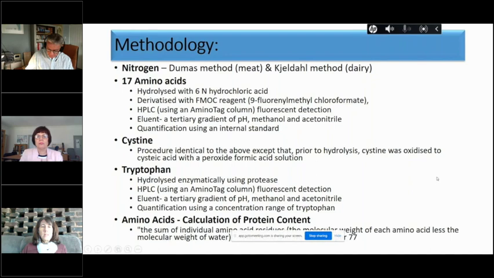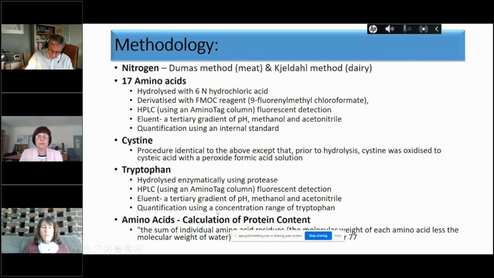Then for cysteine, we use the same method as this, but prior to the steps, we first oxidize the cysteine to cysteic acid with performic peroxide solution. And then we go through the same hydrolysis and the same method here. And for tryptophan, we use enzymes to hydrolyze, and then also HPLC.